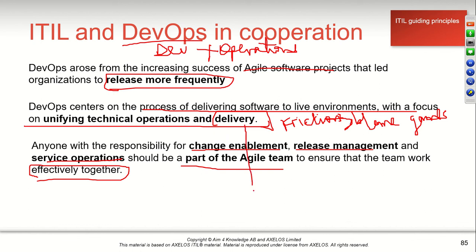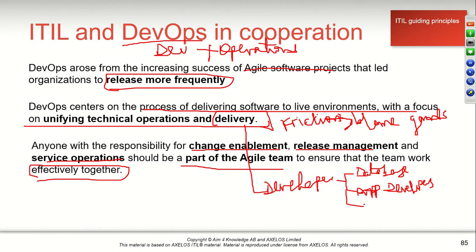So under delivery, you have developers, and then you can also break down developers into maybe database. You can break them into application developer, app developer, web developer, and a whole lot of others under the developer or delivery team.